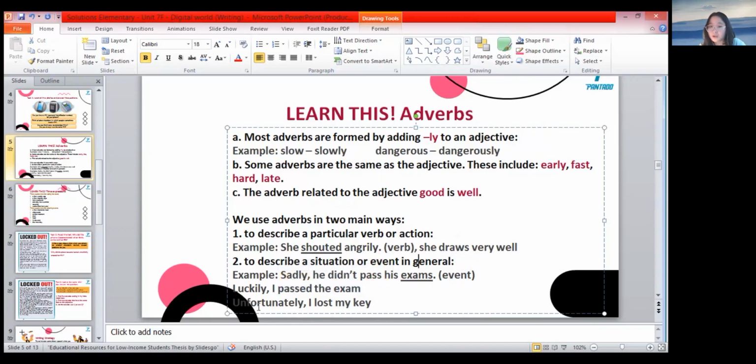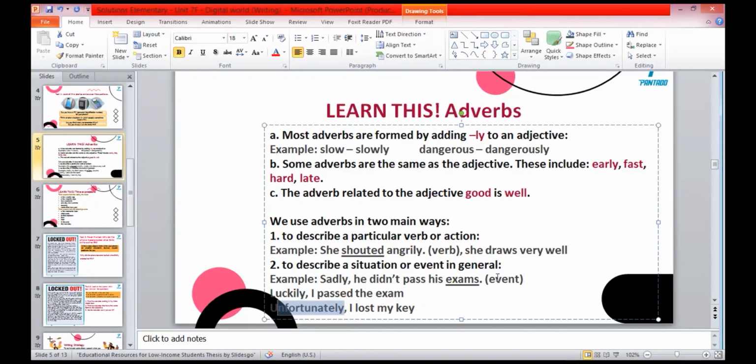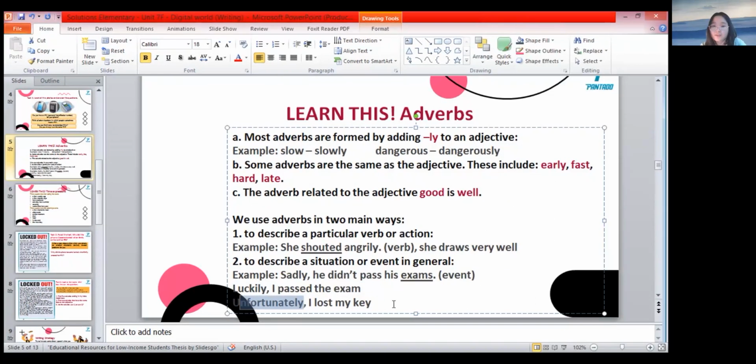So we're gonna put the adverb in front of the sentence. Unluckily, I lost my key, or unfortunately, I failed the exam. Okay. Can you give me one example of this situation?